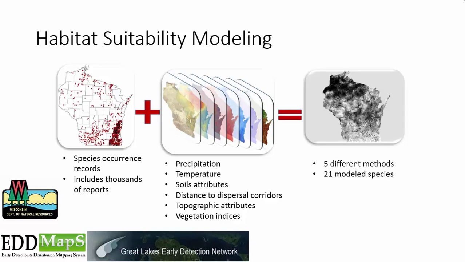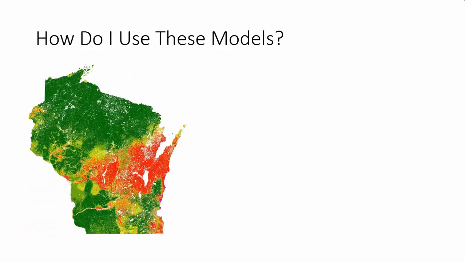And what we get is this pixelated map that depicts areas that are suitable for a given species and areas that are unsuitable. And specifically, we're running 5 different methods here, and so the output of these models is essentially a heat map of where the models agree suitable habitat exists for a given species.